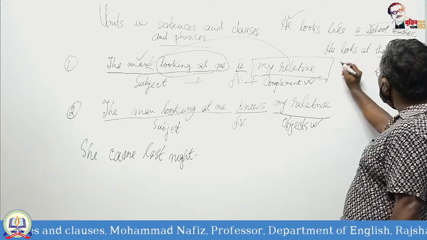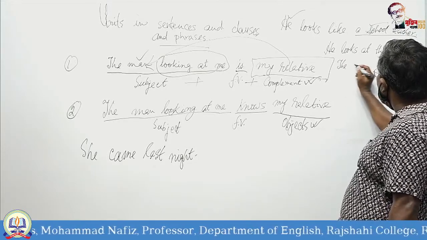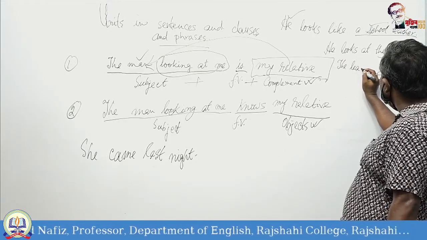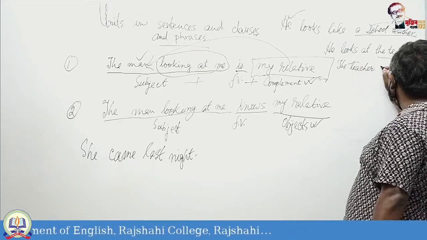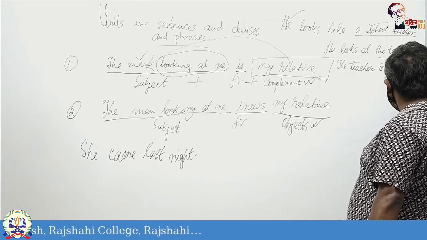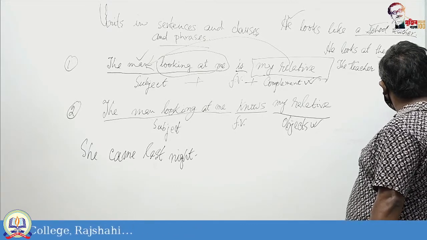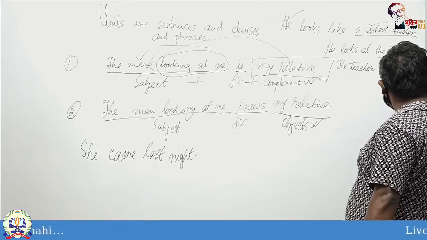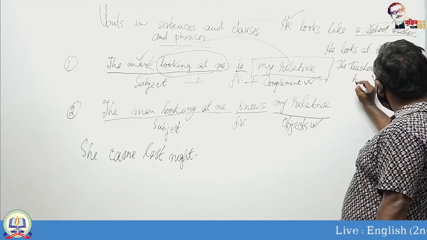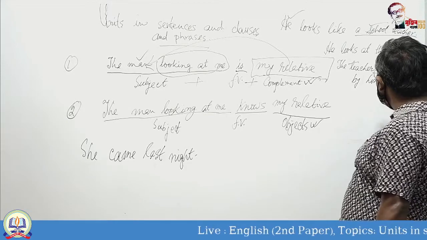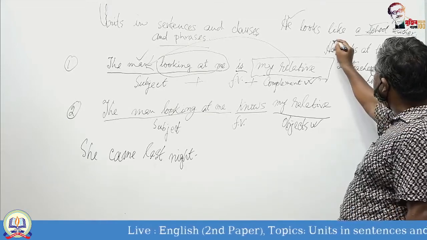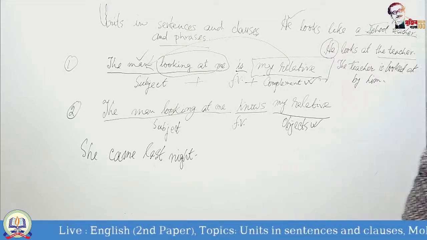So the teacher will become the subject in the passive sentence: the teacher is looked at by him, and we have used the object form him of the subject he.